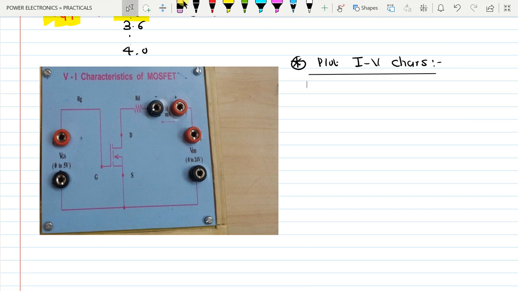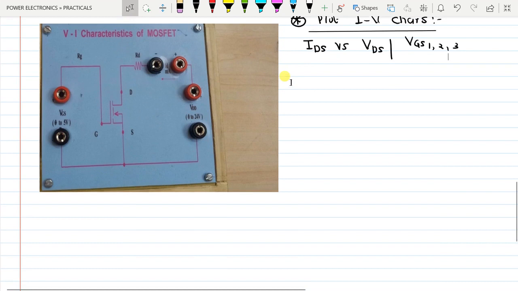Plotting IV characteristics is nothing but plotting the output characteristics. So it is IDS versus VDS for different constant values of VGS.